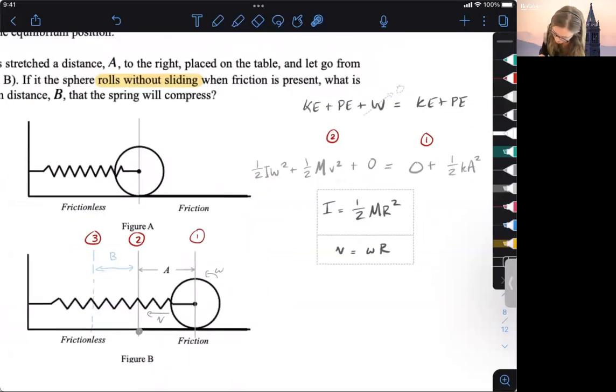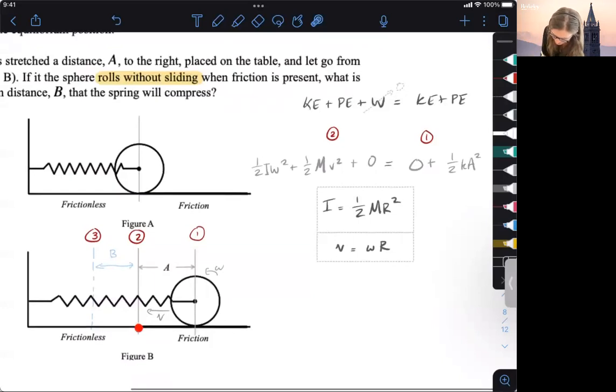At point 2, instantly, this roll without slip condition applies, and the potential energy from the spring was all converted into rotational and kinetic energy in this roll without slip condition from 1 to 2. But from 2 to 3, roll without slip doesn't apply. So we're modeling energy between 2 points. We can do roll without slip from 1 to 2, but from 2 to 3, we can't.